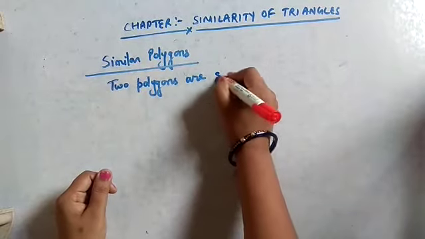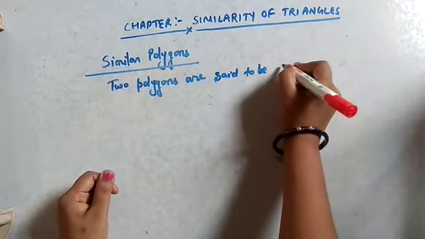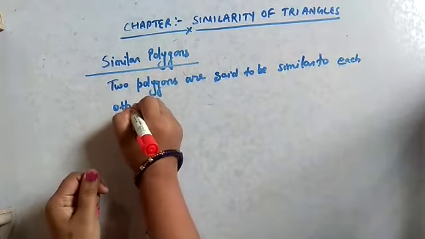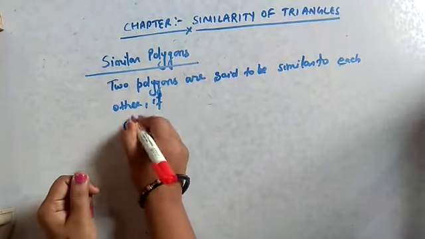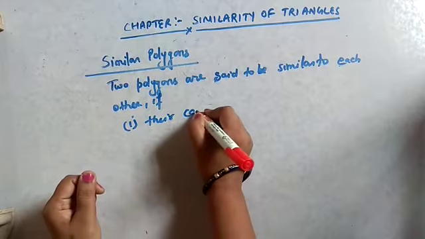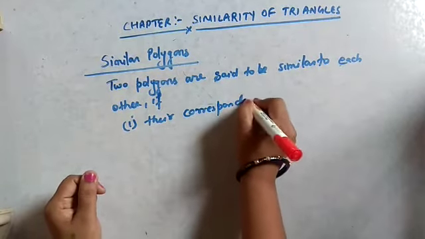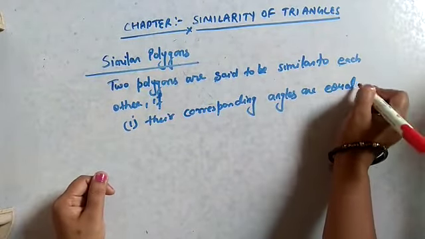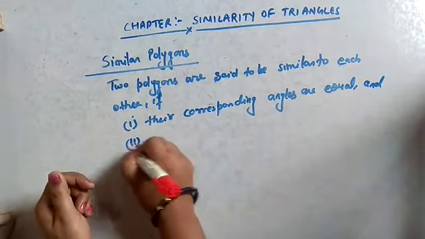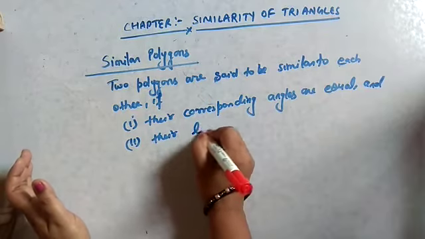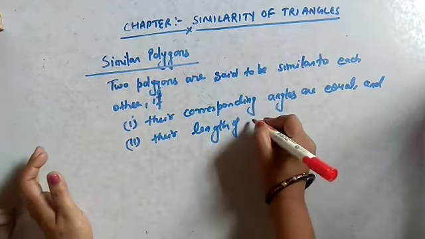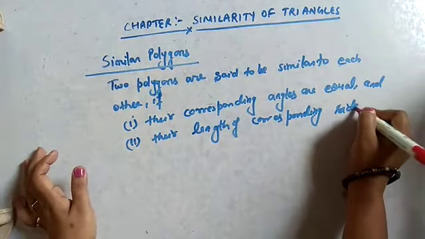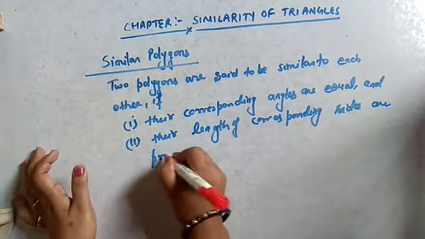So two polygons are said to be similar to each other if number 1, their corresponding angles are equal, and number 2, the lengths of their corresponding sides are proportional.